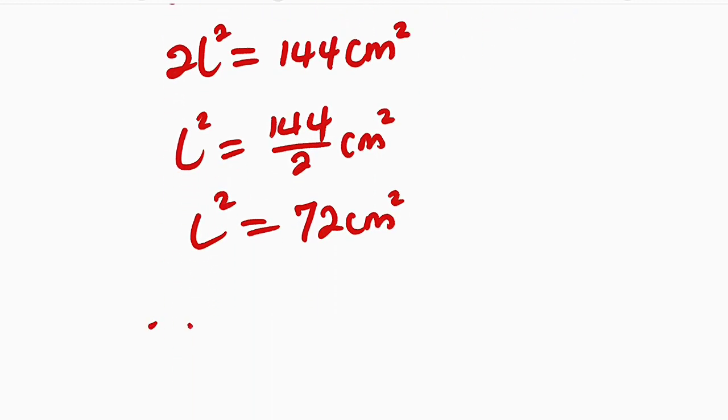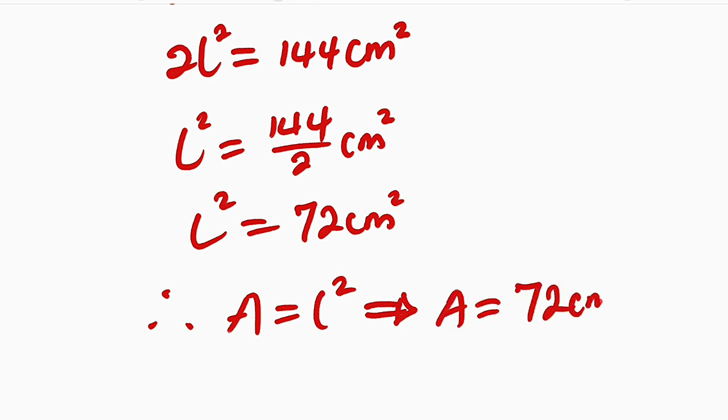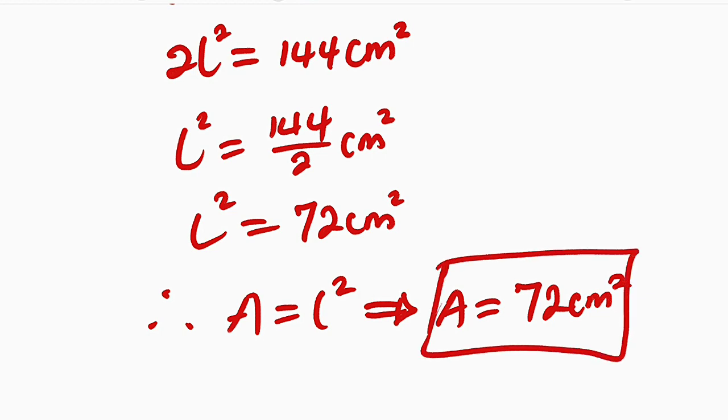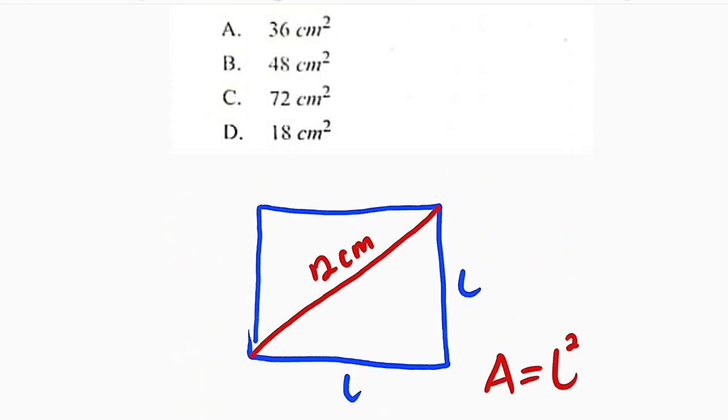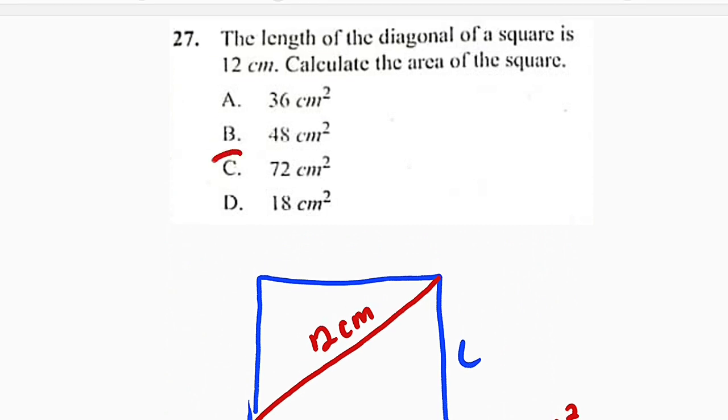Therefore, we can conclude that the area, which is L squared, implies what? The area is equal to 72 cm squared, and hence this is the area of that square, 72 cm squared, which is what? Option C. Now let us move on to question number 28.